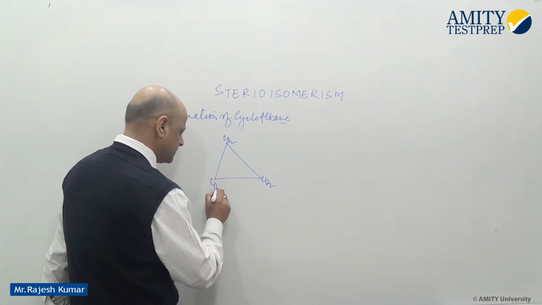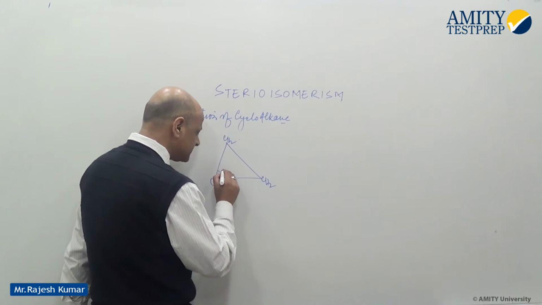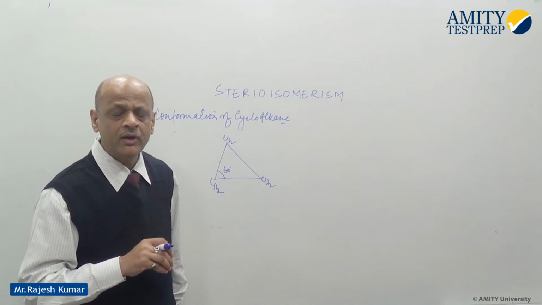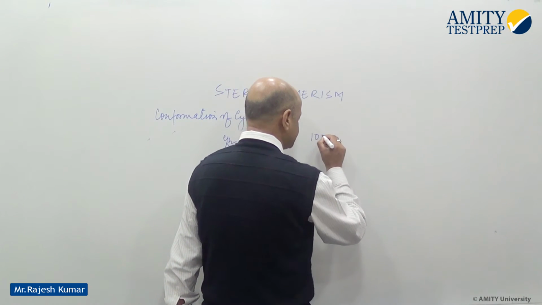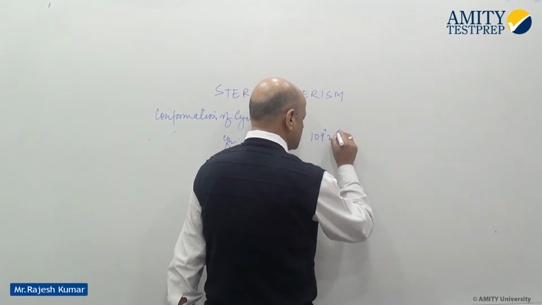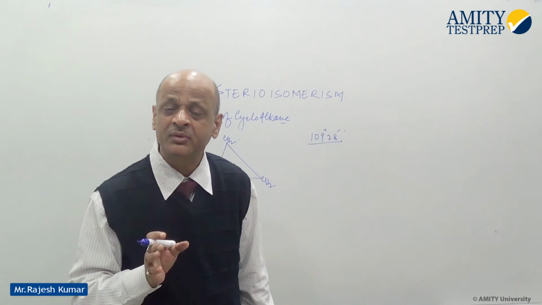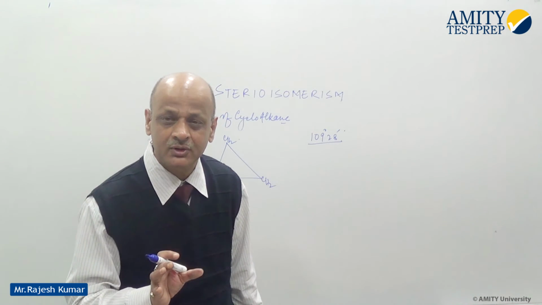The bond angle here is 60 degrees. The expected bond angle was 109 degrees, but its bond angle is 60 degrees, much less than the expected one. That's why this molecule is said to be least stable.